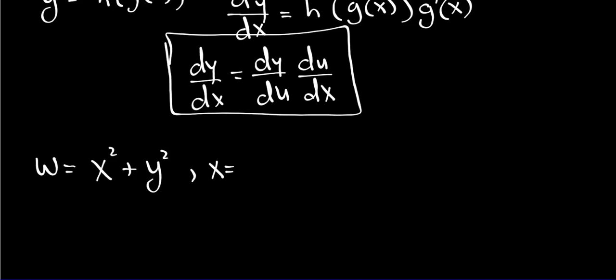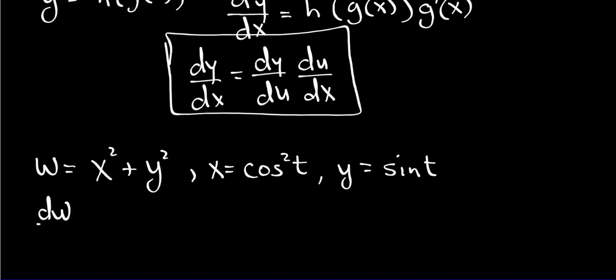So x is equal to cosine squared t, and y is equal to sine t. And let's suppose that what we want to find is dw/dt.